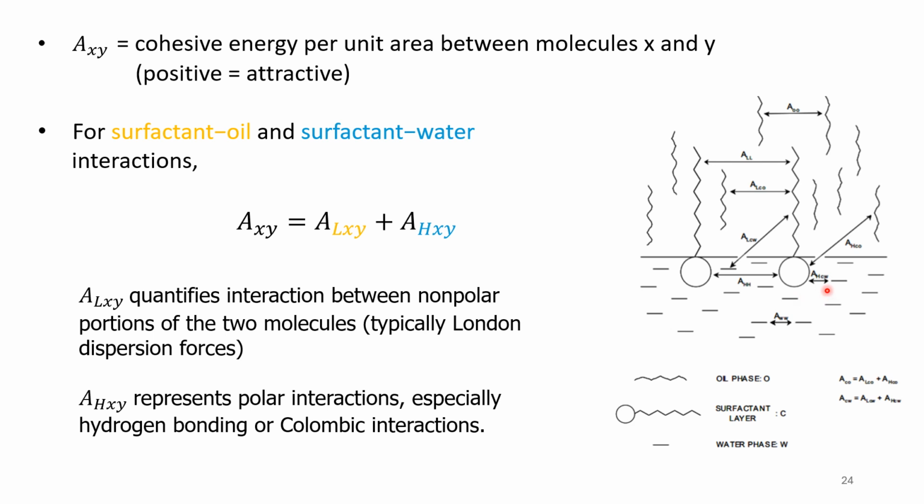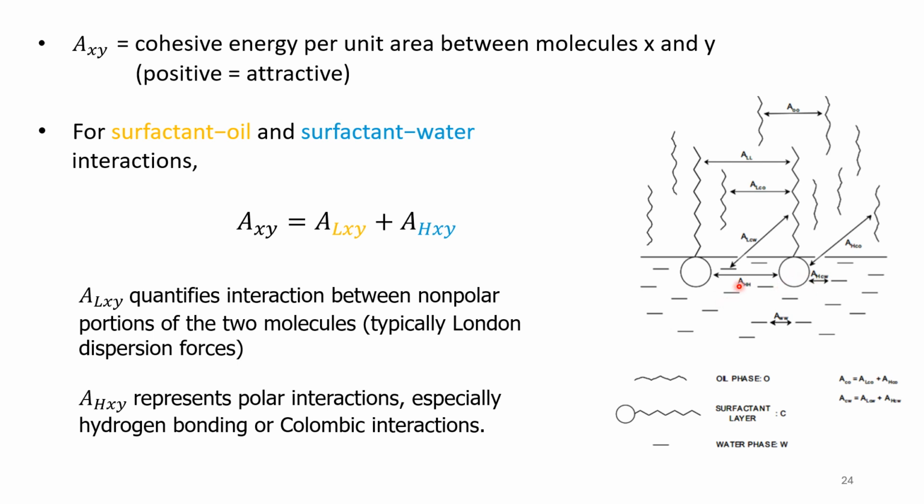So we have A_HW, which indicates the cohesive energy between the head group of the surfactant molecule and the water molecule. In addition to that, the head group will also interact with another head group from another surfactant molecule. So it results in this A_HH.